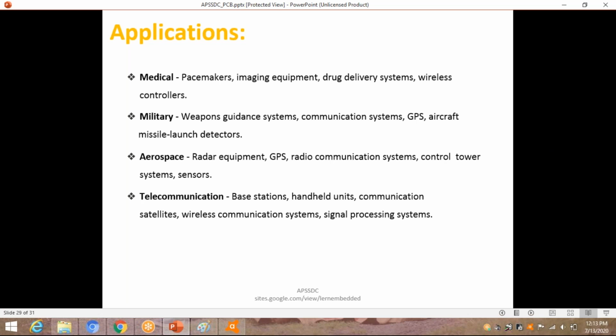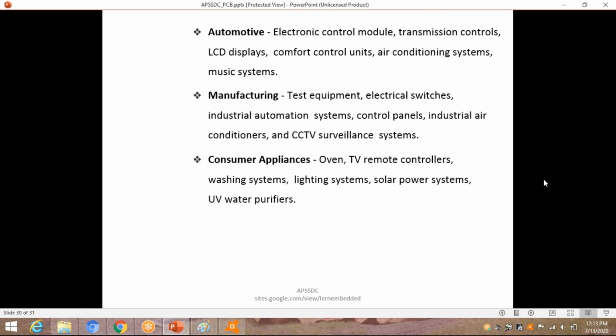Everything we touch in our homes, electronic appliances, there will be a PCB inside it. These are some of the major applications like medical, military, aerospace, and telecommunication. Is it clear for everyone? Yes, sir. Automotive manufacturing and consumer appliances.